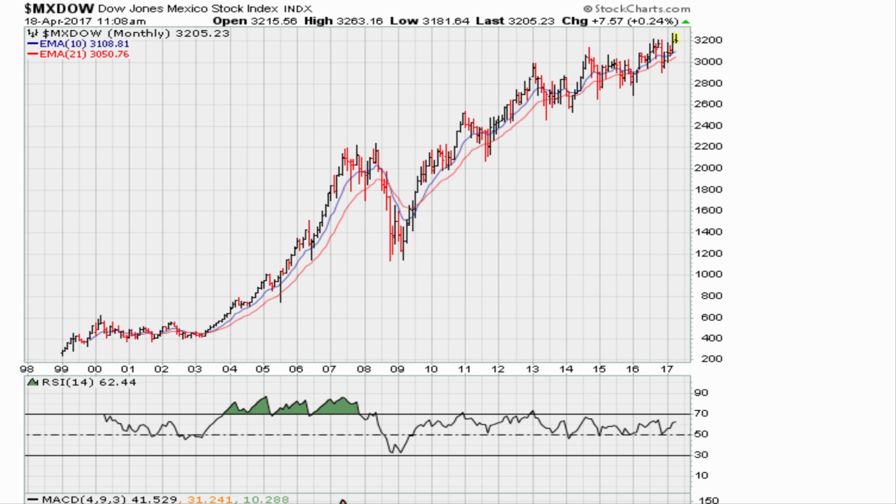Let me share with you one more line, which is the break of the line coming off the 2013 highs. If you draw a line here, we broke down there, and we can draw a line from there. You can see that the market's been unable to move above this line since then.